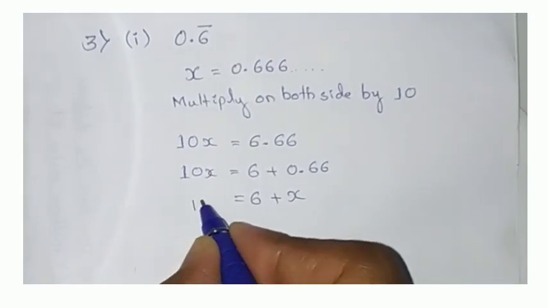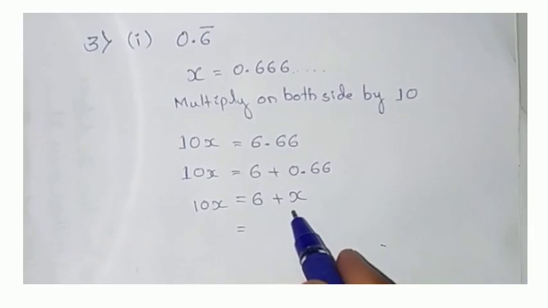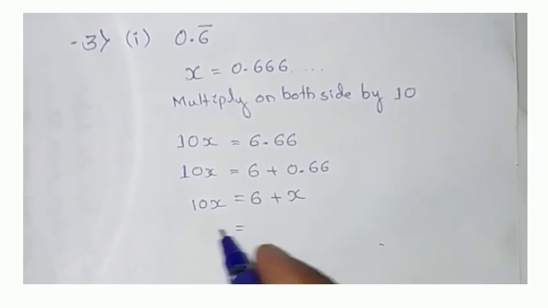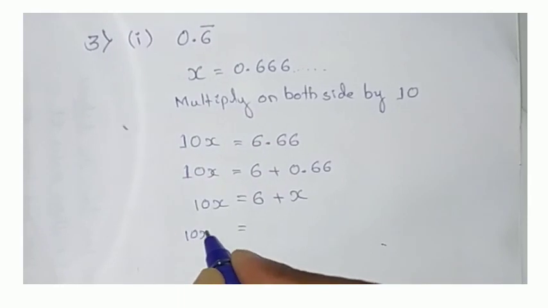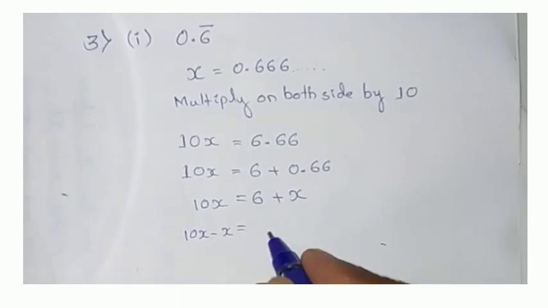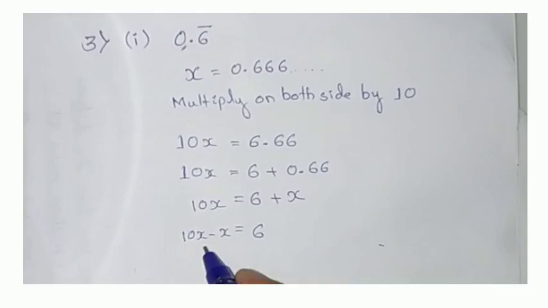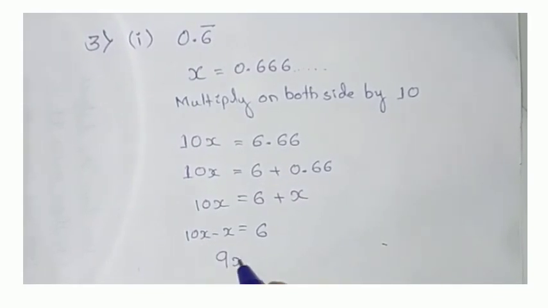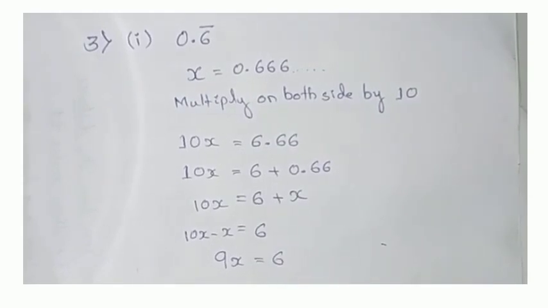So here we already know 10x is there. Taking 6 plus x, this x goes to the left side, and it becomes 10x minus x. So what is left here? 6 only. 10x minus x, what do we get? That is 9x. 9x equals 6.